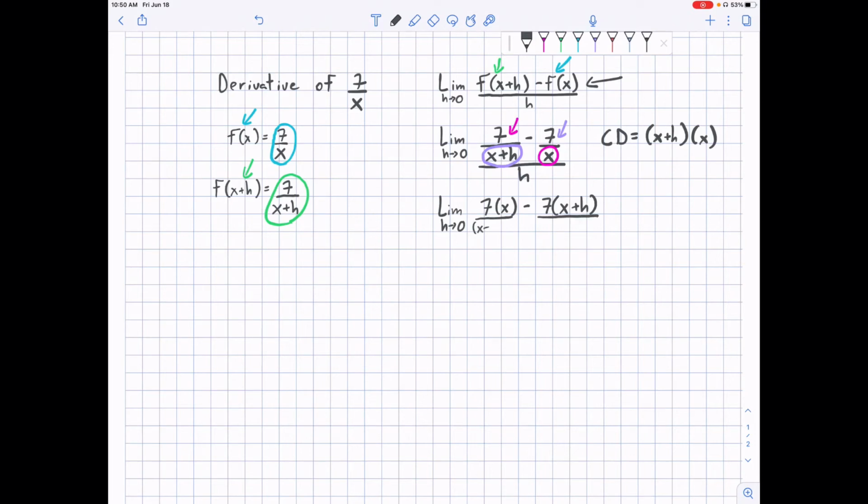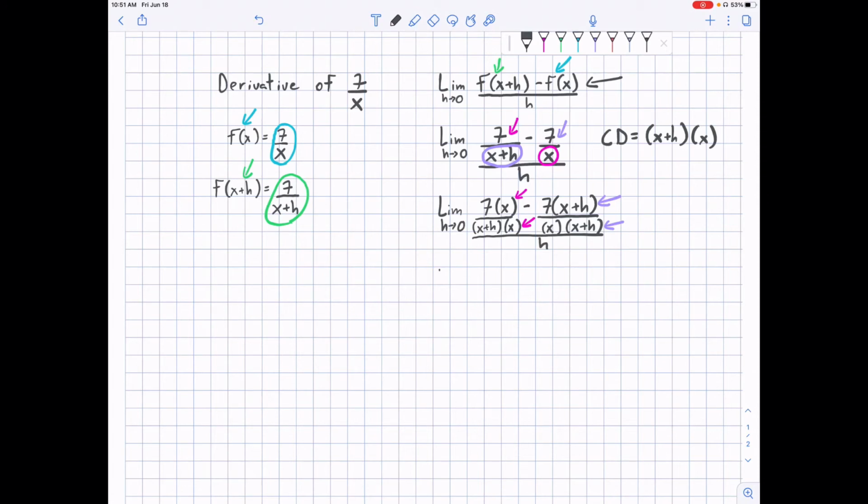We have x plus h times x, and then we have x times x plus h. Again, I'll color code things. There's the x plus h's that we multiplied in to create our common denominator, and here are the x's that we multiplied in for the other term. And don't forget, this is all divided by h.